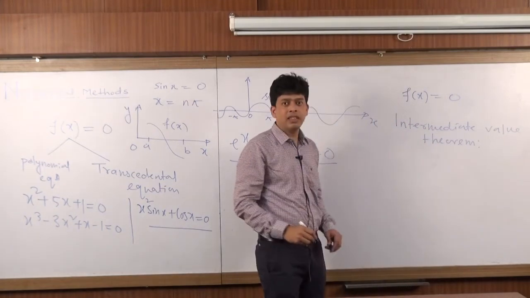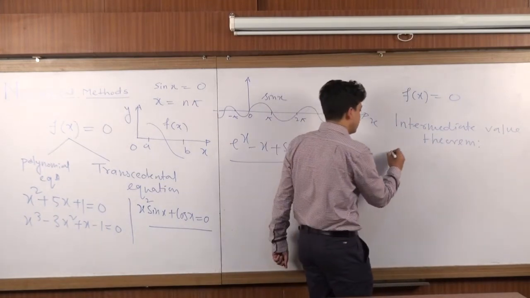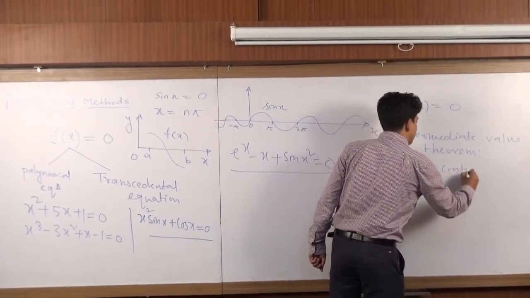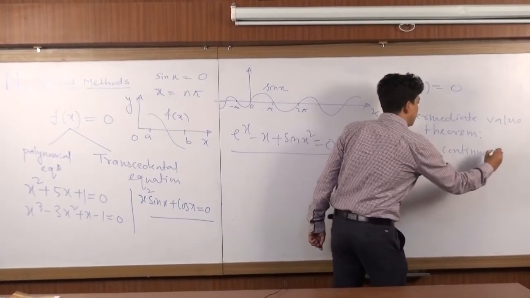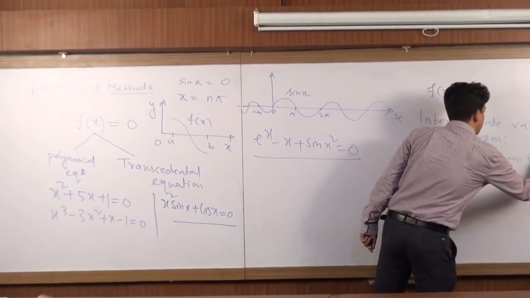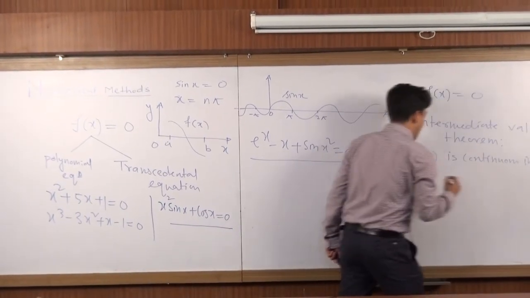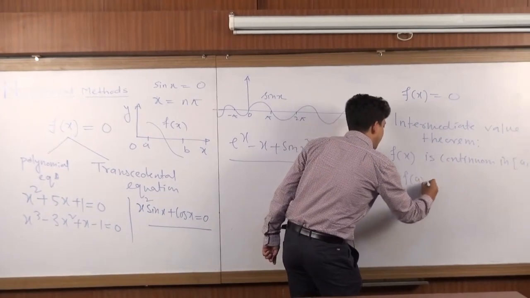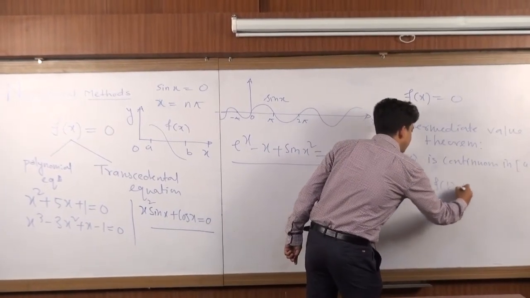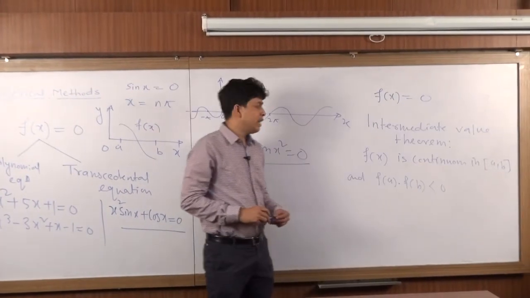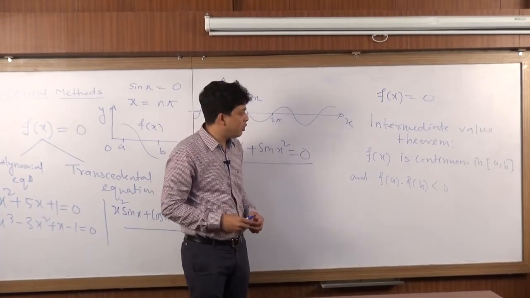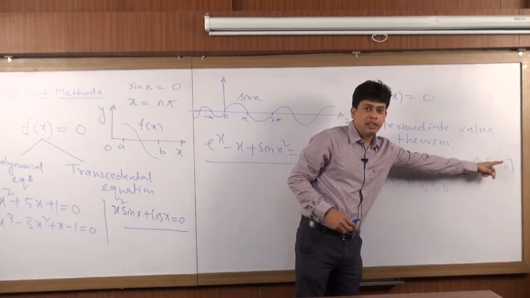Let us consider the equation f(x) equal to 0, and let f(x) be continuous in the interval [a, b]. Suppose f(a) times f(b) is less than 0. Then by the intermediate value theorem we can say there must exist at least one real root between a and b.